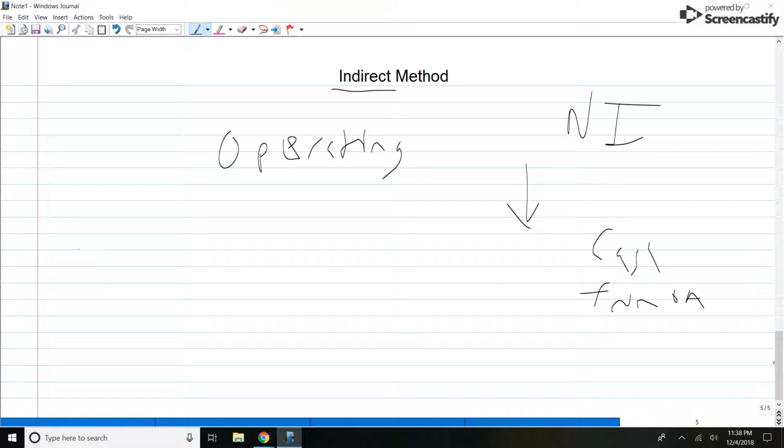To do that, we have to adjust it for differences between cash flows and accruals. You need to look at the balance sheet and see the change, I'm just going to use delta because I'm sick of writing, in current assets and the change in current liabilities.